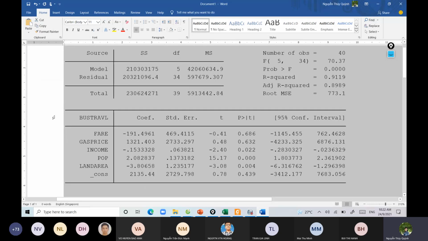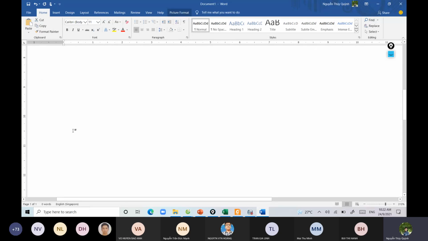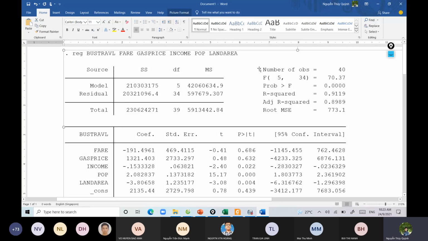You can see that the t here is the observed value of t when we test the individual effect of each independent variable on the dependent variable. And the p-value here is the p-value associated with this observed value of t.